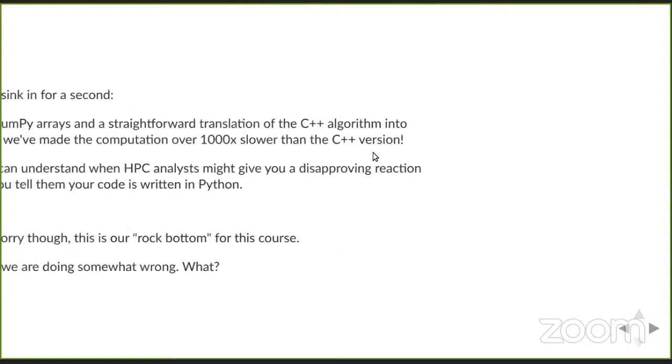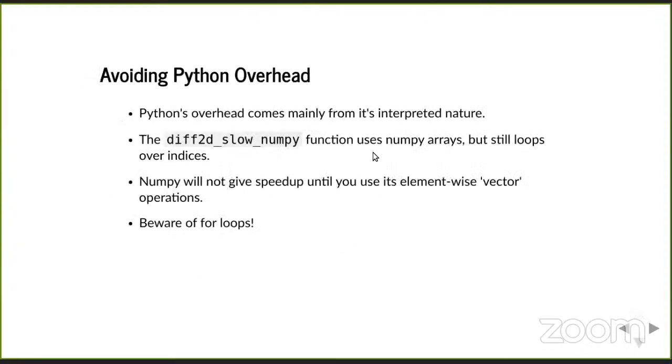Okay, so it's all about the overhead that Python gives. Its interpreted nature, the fact that it's dynamic, isn't just going away because we use NumPy arrays. NumPy works well because they are arrays and they're all the same, but you have to use them as whole arrays. You have to use these vector element-wise operations.